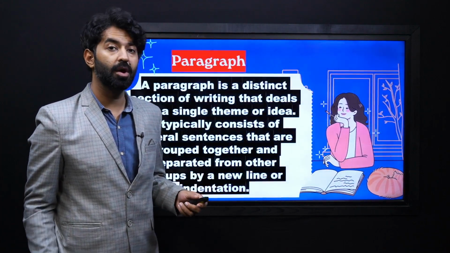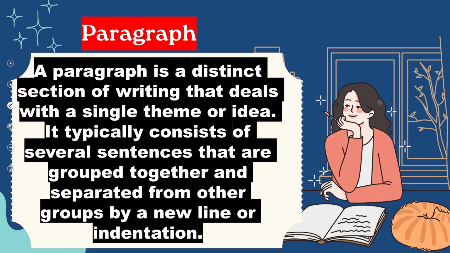So, let's talk about paragraph first. So if you remember, a paragraph is a distinct section of writing that deals with a single theme or idea. So the paragraph includes one single idea or theme.